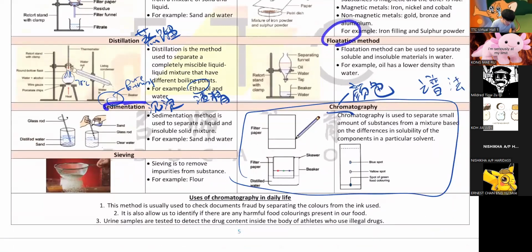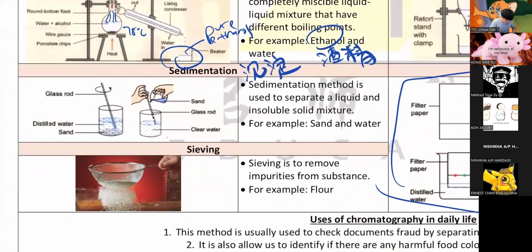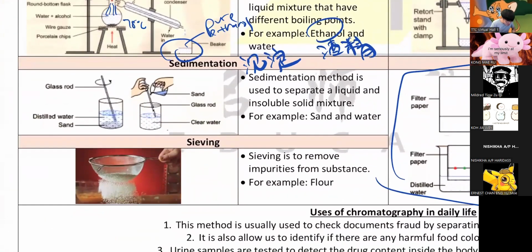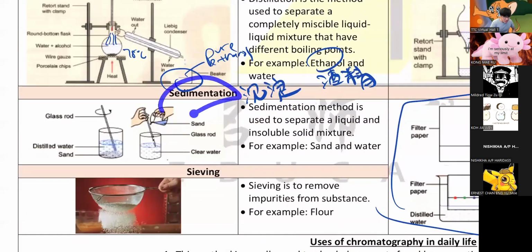Okay, next, sedimentation. As you know, sediment means to sink. Penggenapan. So this is how you clean water. You just let the sand sink to the bottom. You might say, sir, why not just use filtration? Why need to use sedimentation? Because sedimentation is fast. Our Alam Flora, do you know what's Alam Flora? You know our water is cleaned by Alam Flora, right?